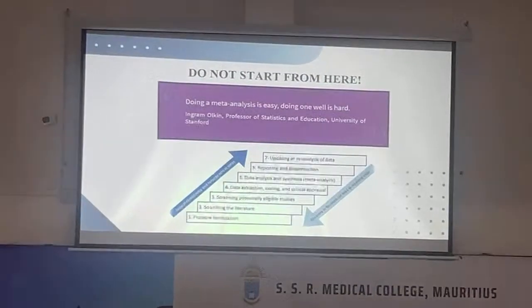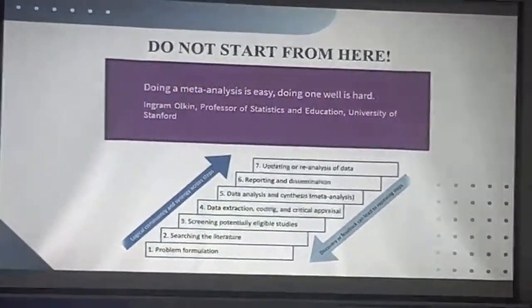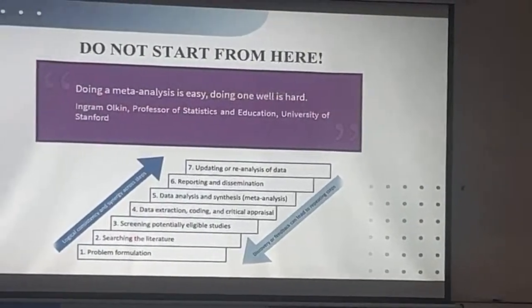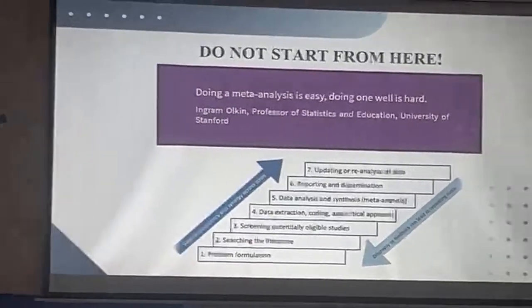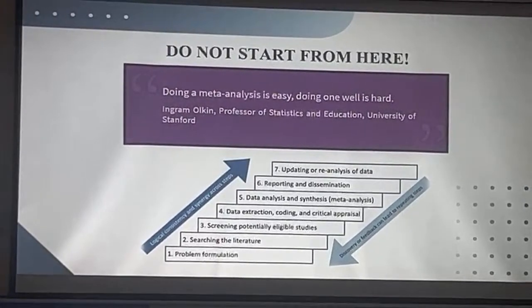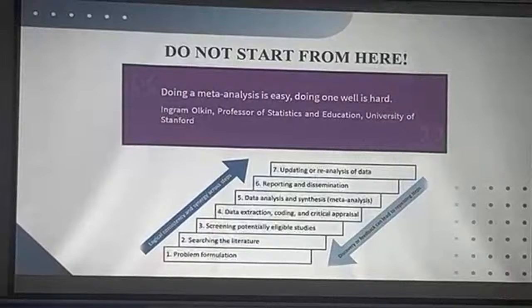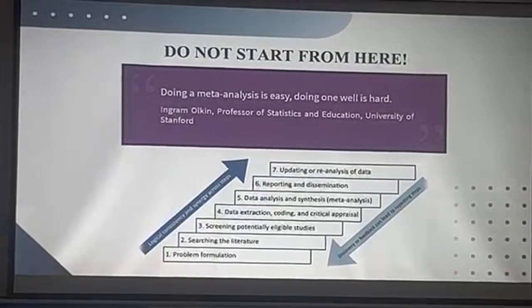Because what people usually do is skip all of these central and critical phases related to the development of high-caliber systematic reviews and meta-analyses, and they just go to the data extraction, data analysis, and perform the publication. So one of the greatest things, and my role here today, is to make you aware that this is not the starting point.